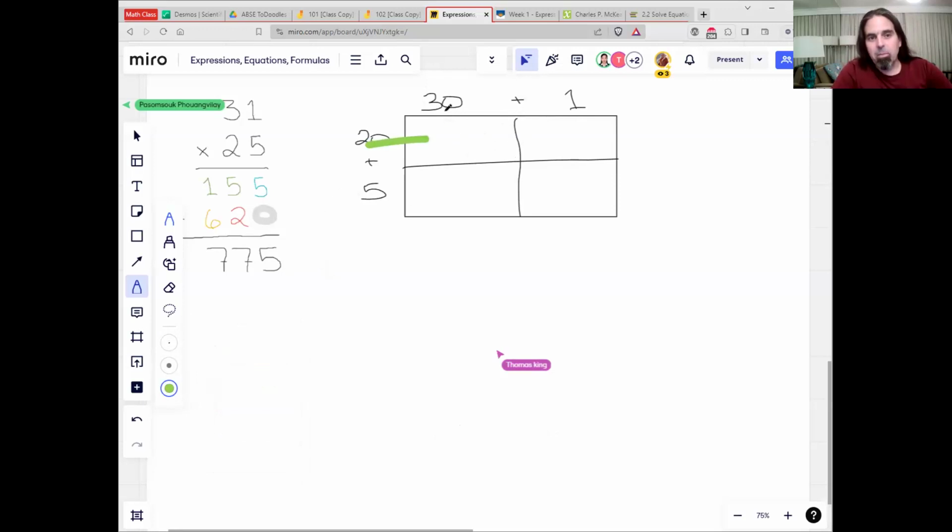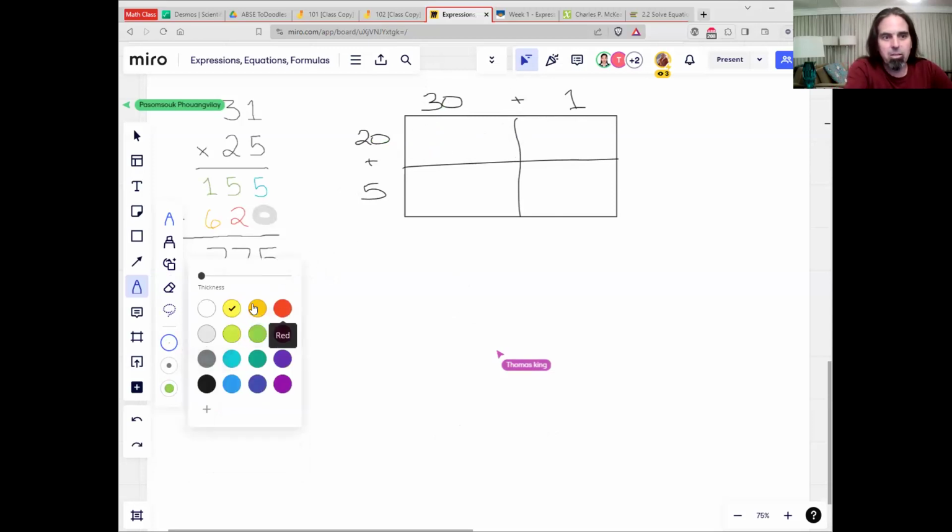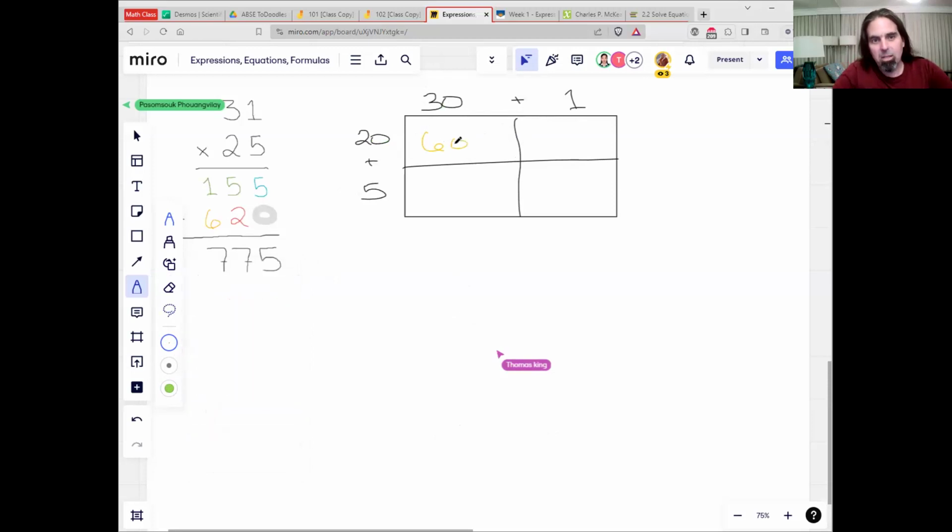So 20 meets 30. What is 20 times 30? That's going to be 600. Oh, can't see light yellow. Never mind. Orange? Okay. Now we're having 20 and 1 meet together. What's 20 times 1? That's just 20.